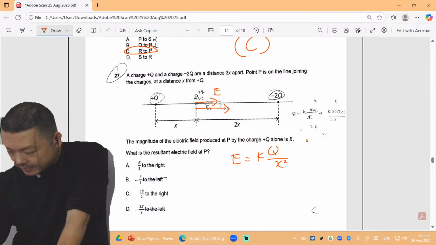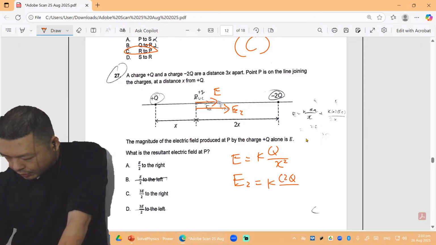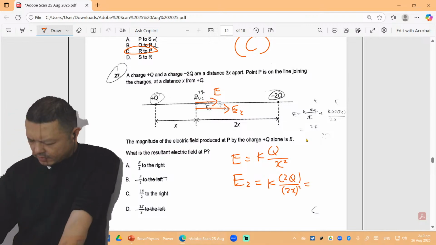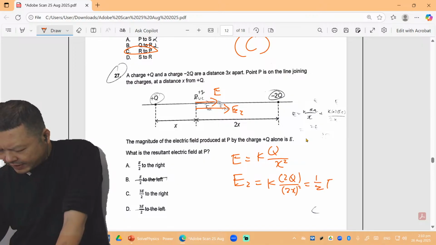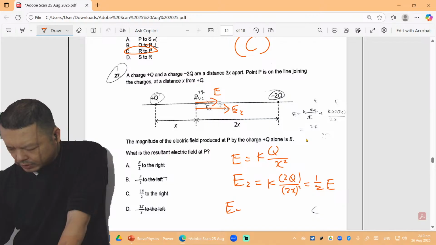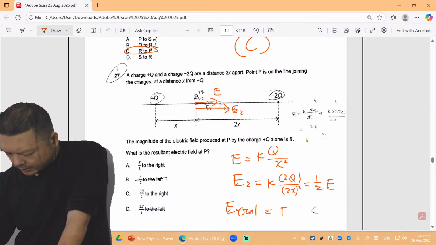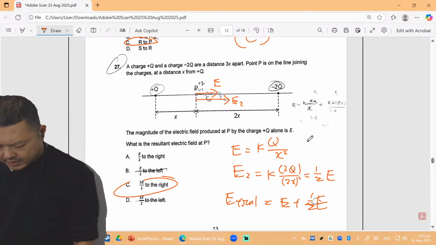The other one, E2, is equal to k2Q over 2x squared. So this works out to half of E. So E total equals E plus half E, which is 3 over 2 E. So it's 27C.